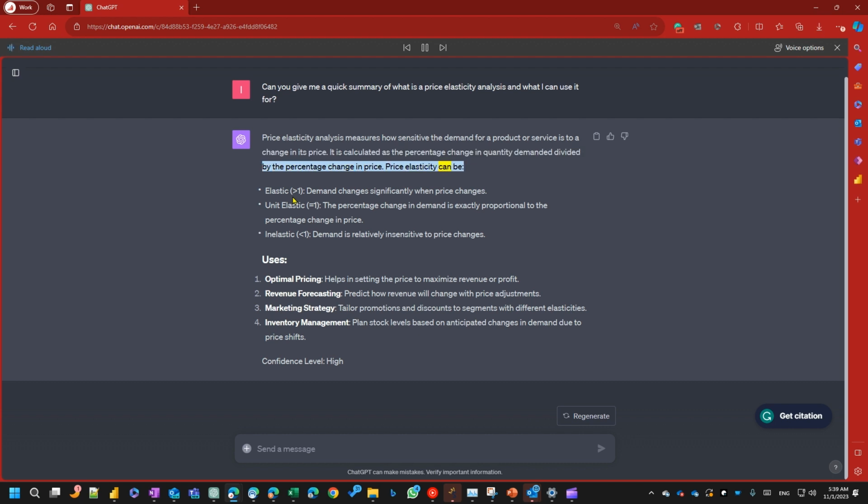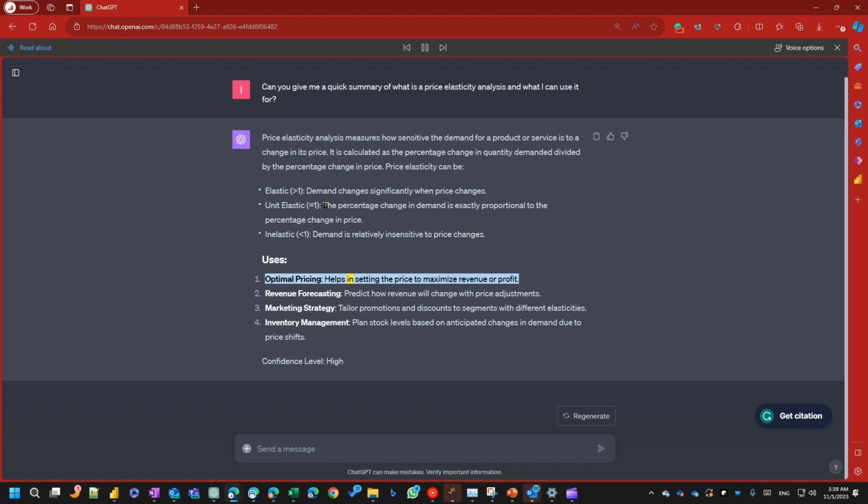Price elasticity can be elastic, when demand changes significantly when price changes. Unit elastic, when the percentage change in demand is exactly proportional to the percentage change in price. Inelastic, when demand is relatively insensitive to price changes. Uses.